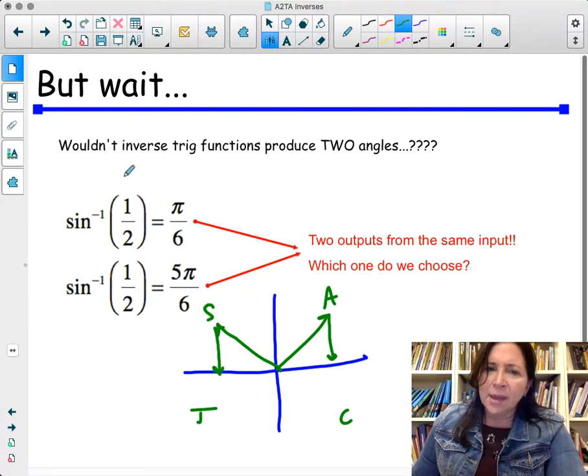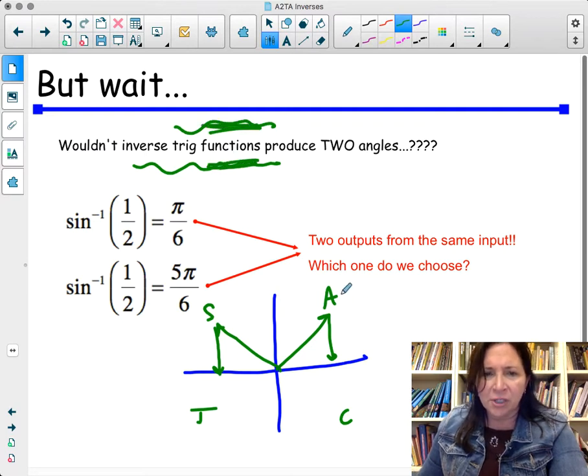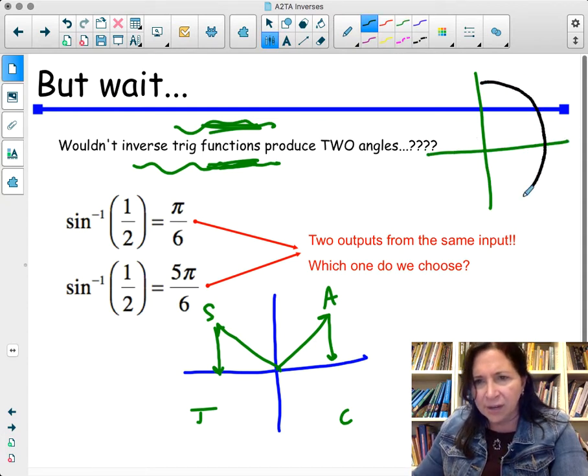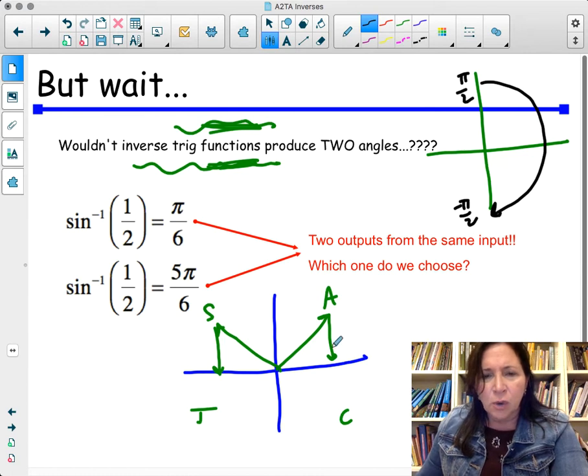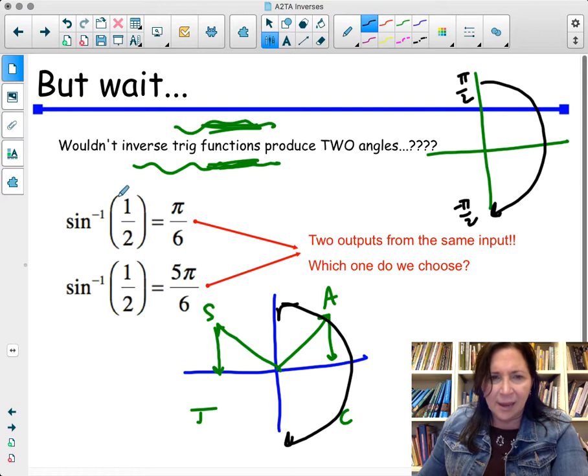Now, remember, inverse trig function: see the function part of the word? For it to be a function for sine, sine can only be happening in its restricted domain from negative pi over 2 to pi over 2. That's it. So if I'm from here to here, and this is a half, which is positive, this is the quadrant that I want to use.